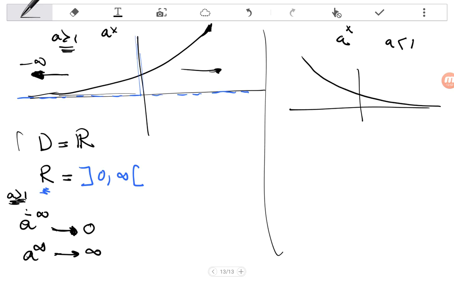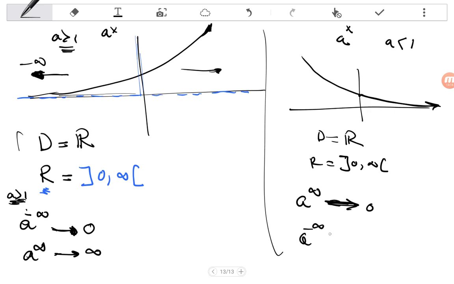So in this case, the domain is equal to R. The range is from 0 to infinity, but a power infinity will just be 0, and a power negative infinity is infinity.